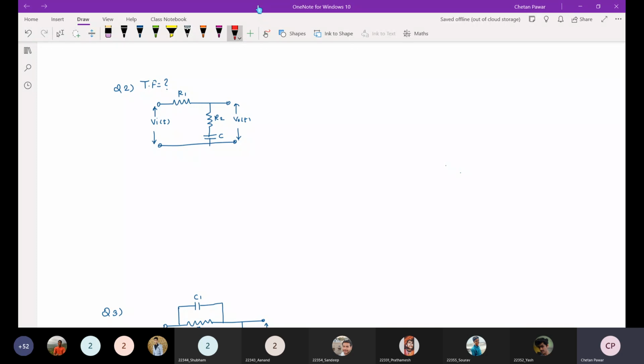So if I convert this circuit into S domain, Vi of S, V naught of S will be the output, R2, R1, and this will be 1 by SC, the capacitor. This will be the Z1 impedance, and this will be the Z2.